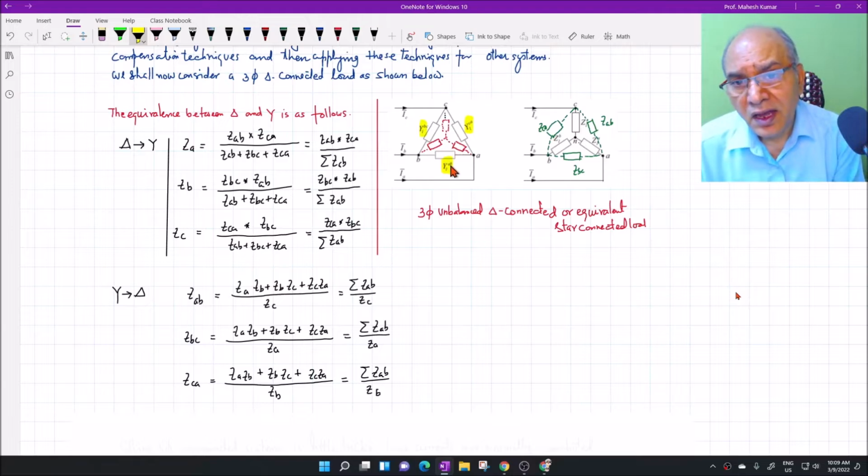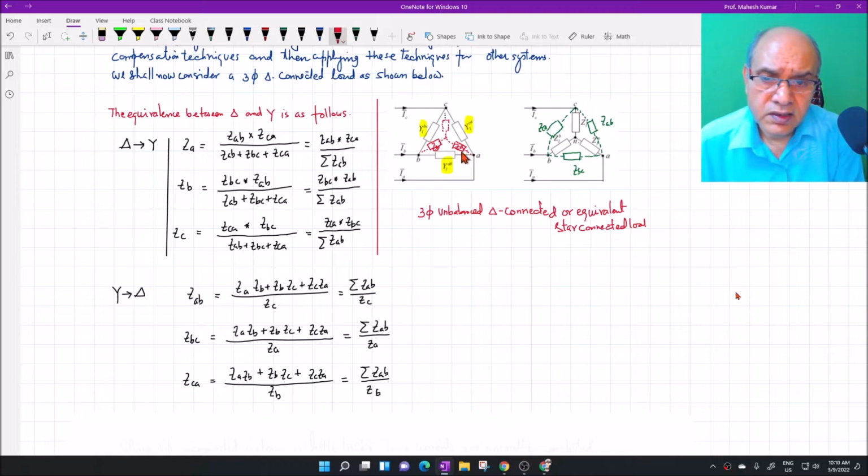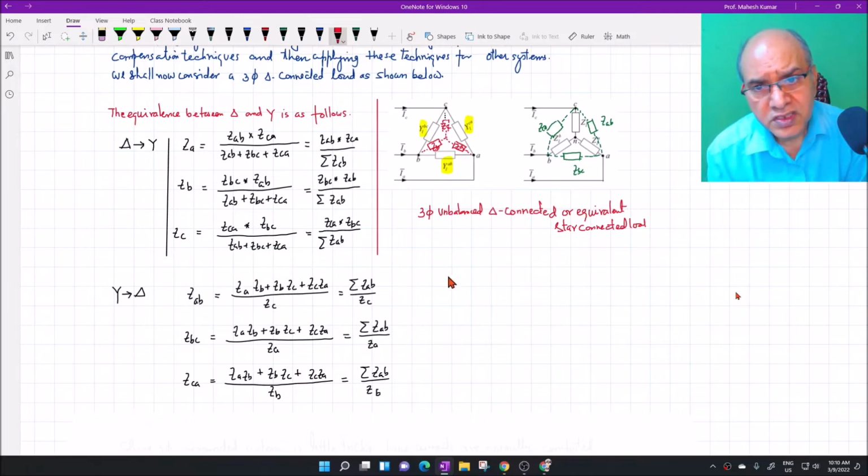L for load and AB means between A and B. So on the delta side we have LAB, LBC and LCA. Now if we convert into equivalent star, ZA, ZB and ZC. You know this equivalence.